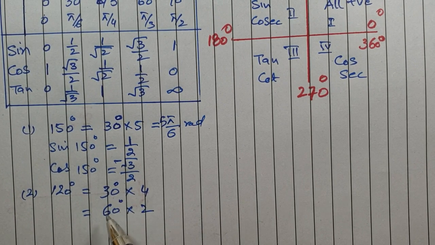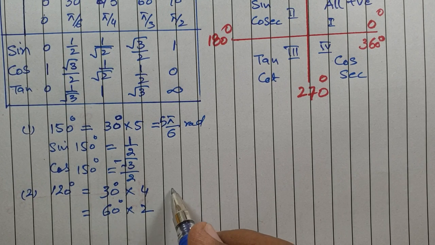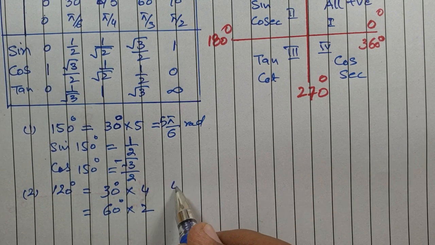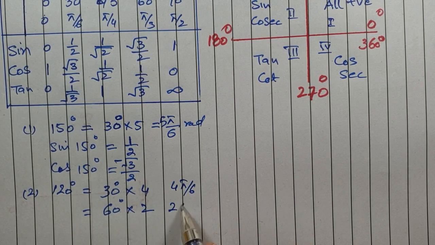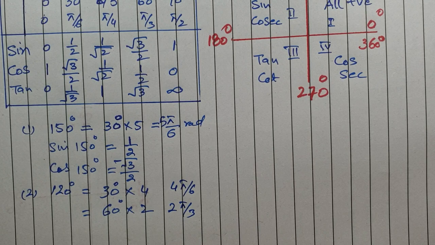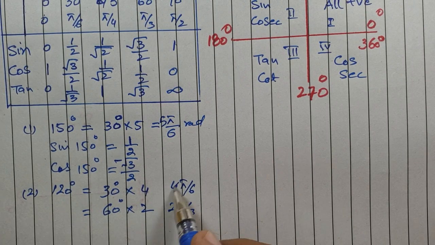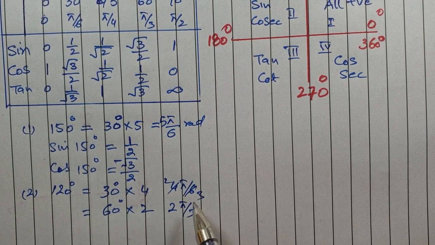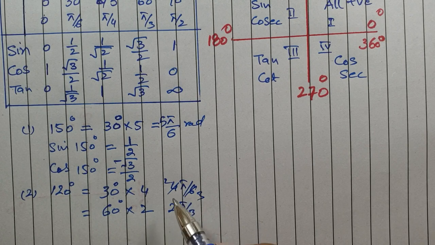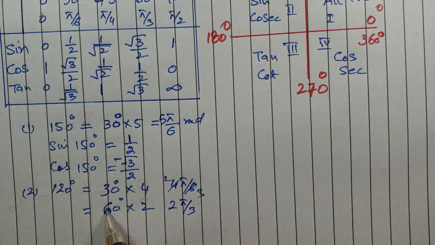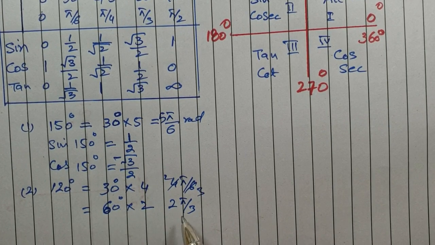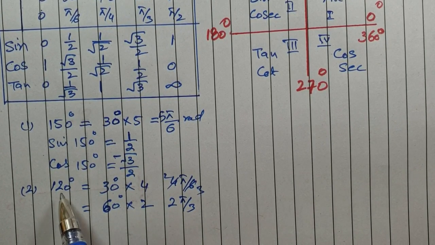Which will be correct for 120 degree? 30 is pi by 6, so 4 pi by 6, and it is 2 pi by 3. The value of 60 degree is correct, 2 pi by 3 for 120.